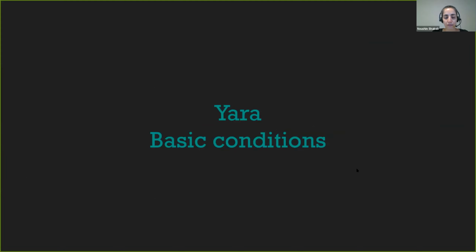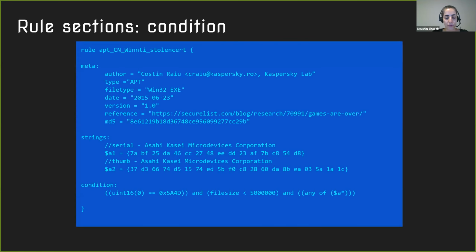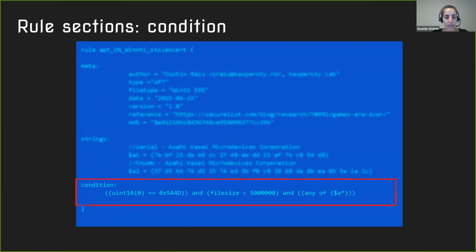Okay, now let's talk about the basic conditions. This is the same rule as we saw already. With the conditions, you can see the first part, which is a very important part that checks the header of the file. This uint16 means the first unsigned word of the file, and the 16 here means that it's the first two bytes.